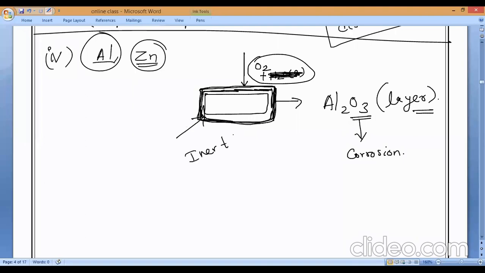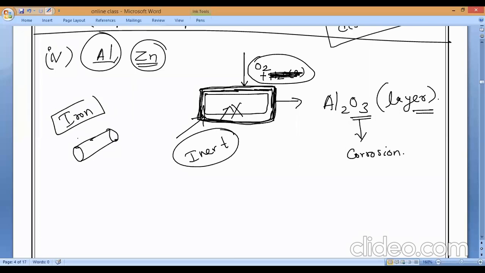But this layer will become inert in nature. Inert means it won't allow the oxygen to go further inside. Do you understand, everybody? So if you take iron, what is happening? Suppose this is a piece of iron. First, the upper layer will turn into corrosion. Later, the oxygen will reach the lower levels, so that the complete metal will be damaged.